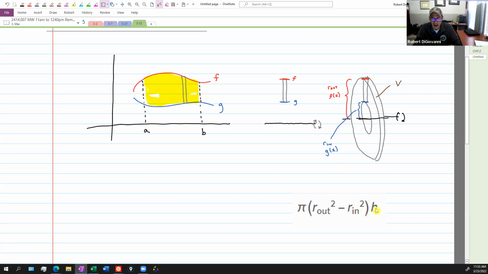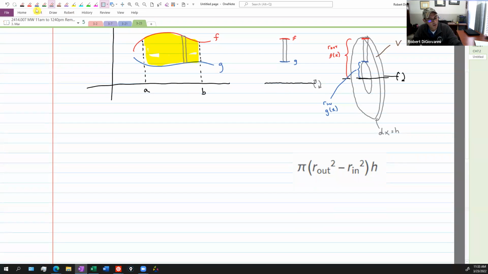And what about the height? What's the height of this cylinder? How thick is it? Just like before, we had the rectangle and the width was dx. That's dx right there. That's your h. Which means that the volume of this one sliver should be pi, parentheses, the outer radius squared.